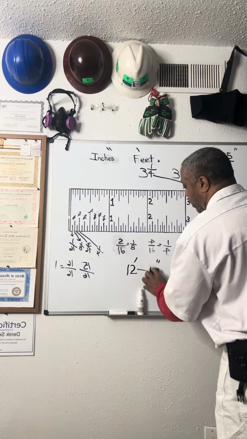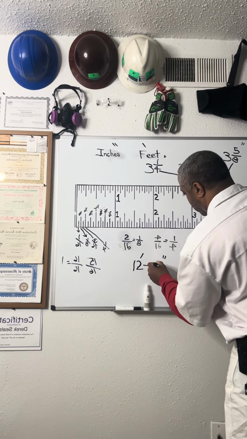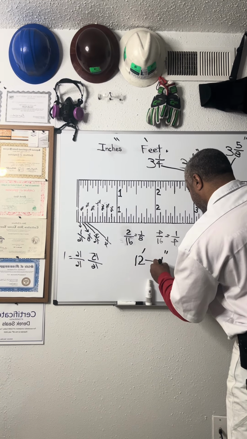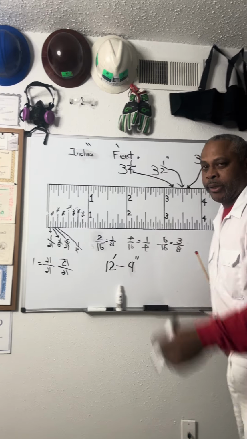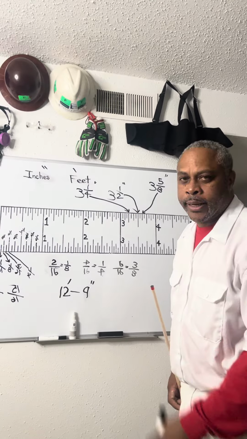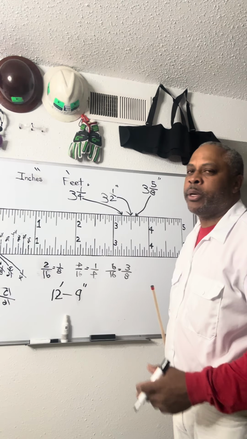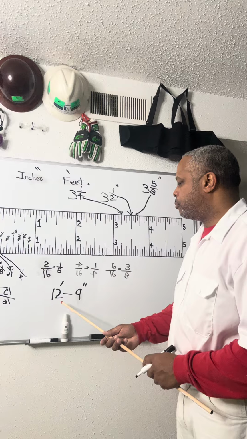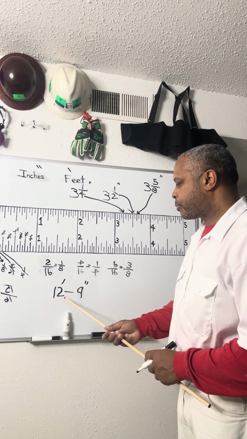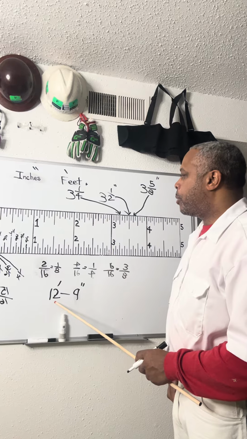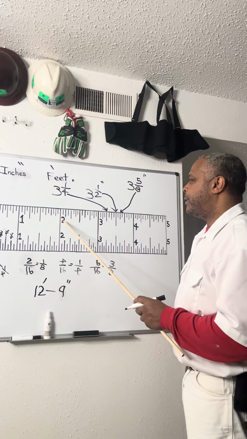That's 9 in real life, okay? Let's do this 9, like a P. It's 12 foot 9. 12 foot 9, you'll be able to go through your measuring tape, but you'll have to find 9.